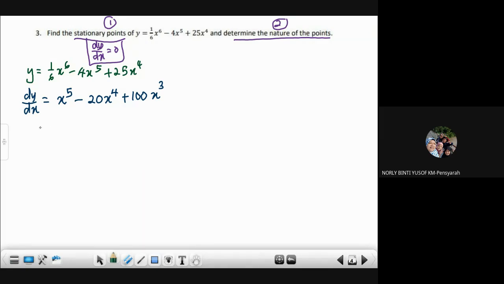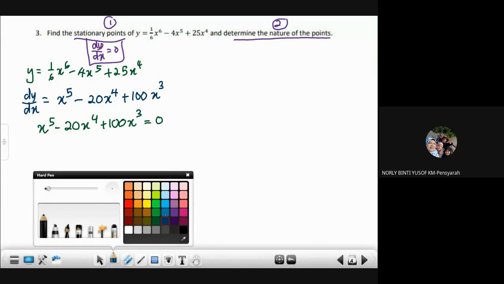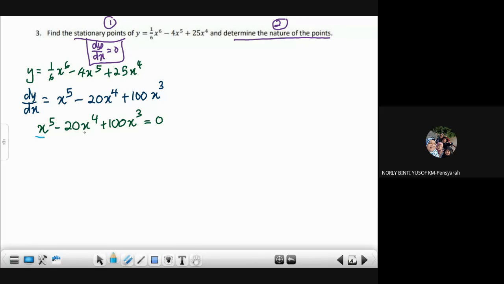Okay, and then you equate the first derivative with 0. Don't say you don't know how to do this. You can still do it even though we haven't learned higher-order polynomials. It's not quadratic, it's power of 5. But we can take out the common term, that is x. The lowest power is x^3. So take out x^3, you are left with x^2 because the index 3 plus 2 is 5, minus 20x, because 4 is left with 1, and then 100.